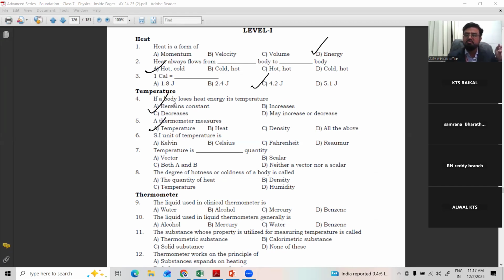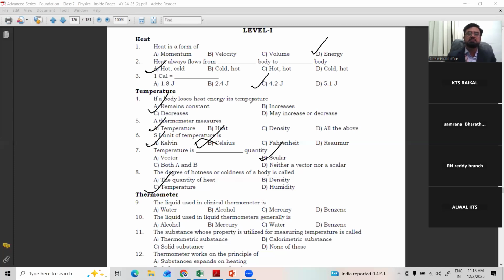If you get any doubt, you can refer to the solutions or key given to your teachers. SI unit of temperature: I think Kelvin is the SI unit. Temperature is a dash quantity. It doesn't have any direction, so it is a scalar quantity. The degree of hotness or coldness is called temperature.